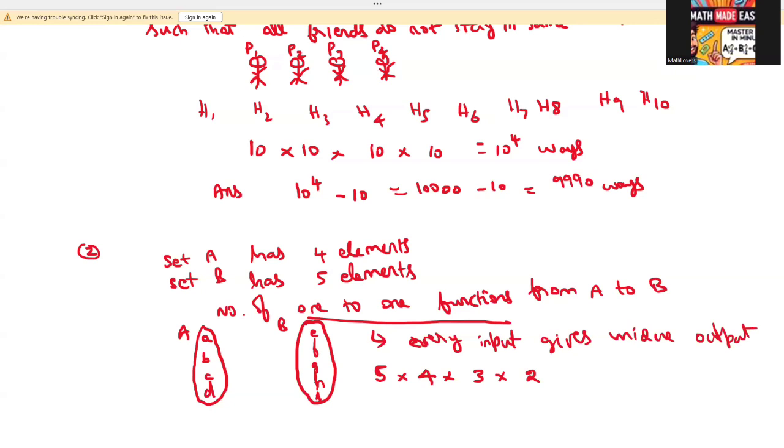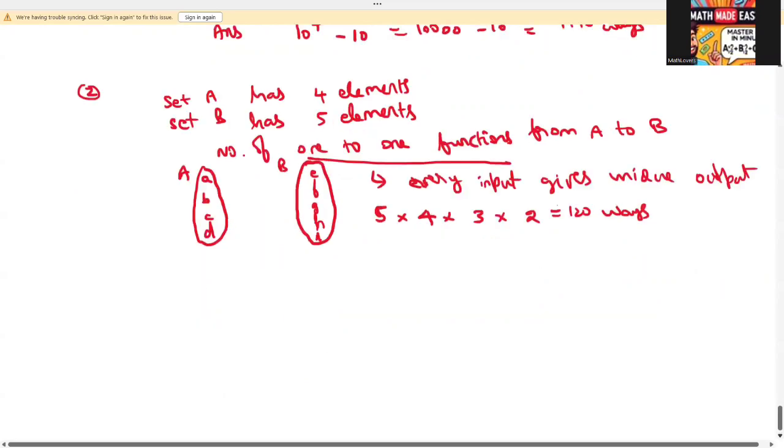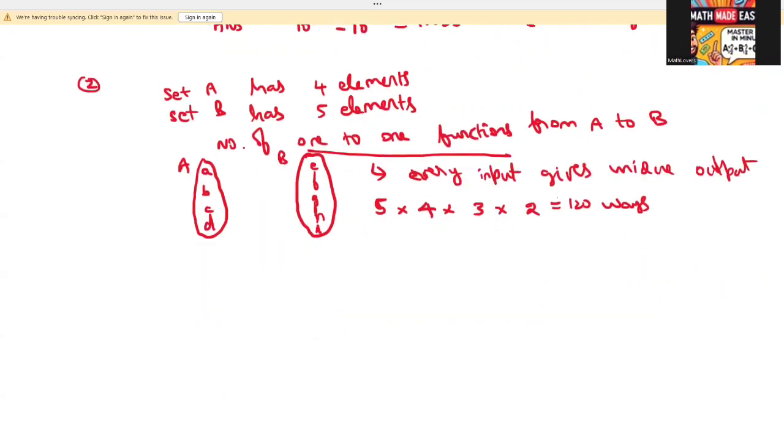So there will be 120 possible mappings which you can create. So this is a miscellaneous question. As you can clearly understand, they are trying to connect the functions topic definition to permutation combination.